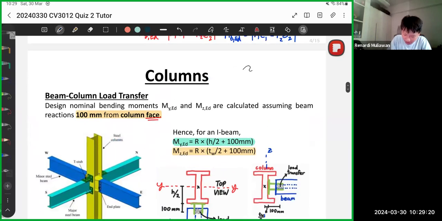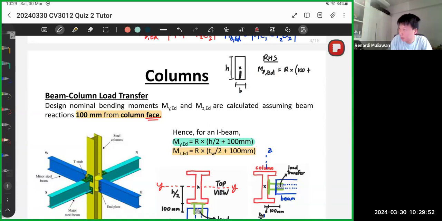So using the same logic, I hope you know how to find it for RHS. For example, like this. This is the middle of the column. This one is B. This one is H. For RHS, your MyEd is just R multiplied by 100 plus this length, H over 2.